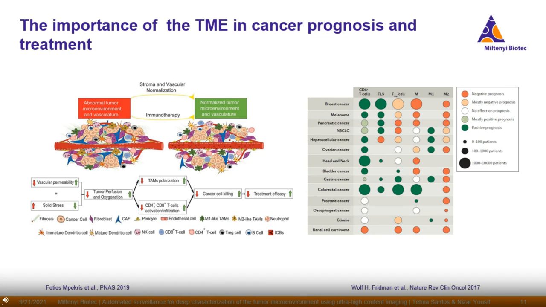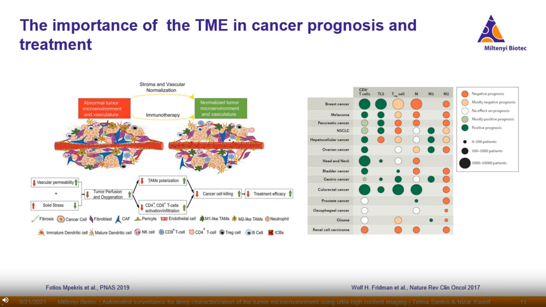You also see the relevance of CD8 positive T cells, tertiary lymphoid structures, TLS, regulatory T cells, Tregs, CD68 positive macrophages, and more specifically macrophages of an M1 or M2 subtype to overall survival outcomes.